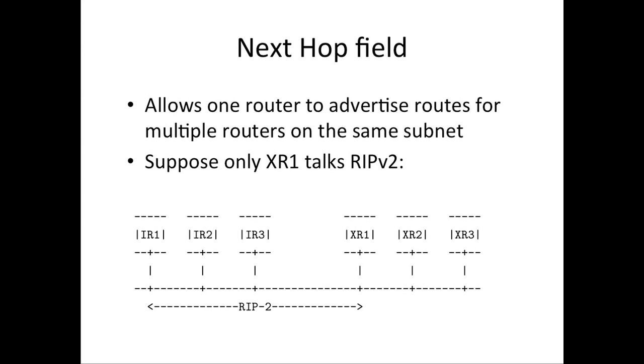Because in a distance vector routing protocol, you're only allowed to say the cost to the destination through the best path that goes through me is 5 or 10. That's the only thing you're allowed to say. But this next hop field allows you to advertise a little bit more. It allows you to say the best path to this particular destination is through this other router. And if that next hop address is 0, that means it's the standard distance vector message. We don't need to do the next hop in our assignment.